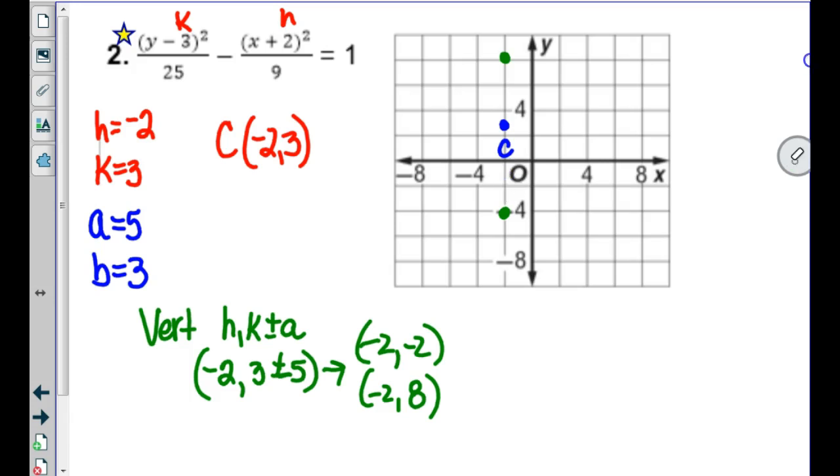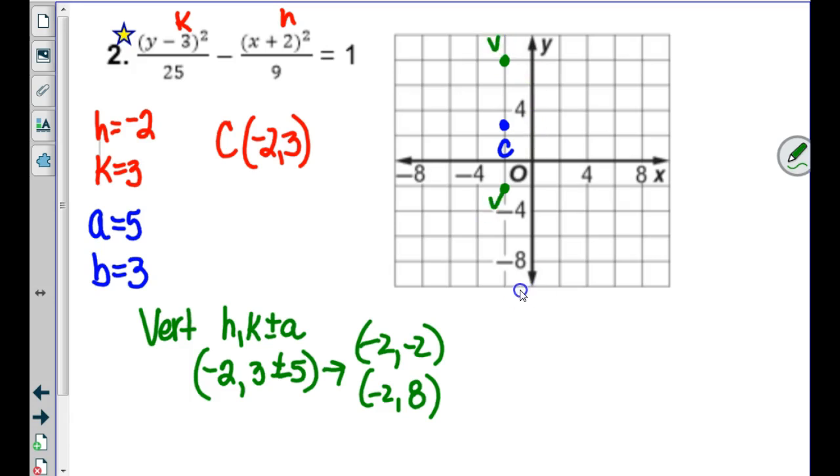Oh, I totally plotted that one wrong. That's because I didn't count. Weren't we supposed to be going up and down 5? Yeah, I was. Okay. Is that one right? Yeah. All right. -2, -2 is here. So then this was up 1, 2, 3, 4, 5. So that's -2, 8. That one's right. Okay, thanks. Sorry. So those are the vertices.